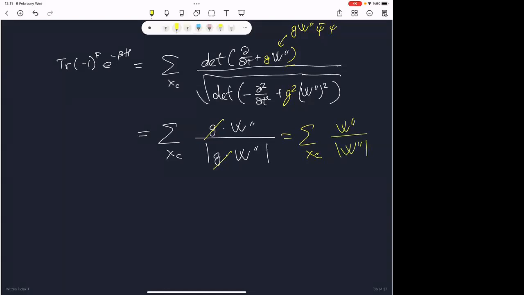So this is the result showing that your index is independent of G, and that means that the Witten index is a topological invariant of the theory.